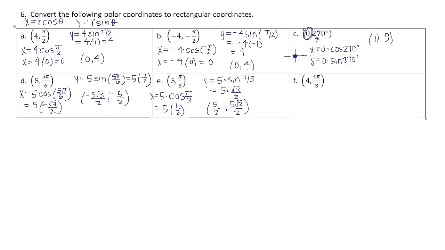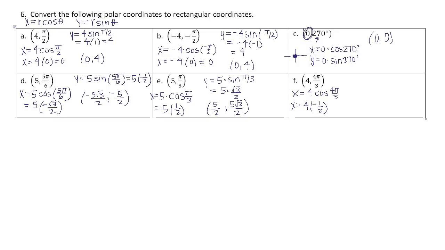All right, and moving on to the last example, we have 4 pi over 3. And 4 pi over 3, we need to know that that is over in the third quadrant. So we're going to have 4 cosine of 4 pi over 3. And so that means that we're going to have x equals 4 times negative 1/2.